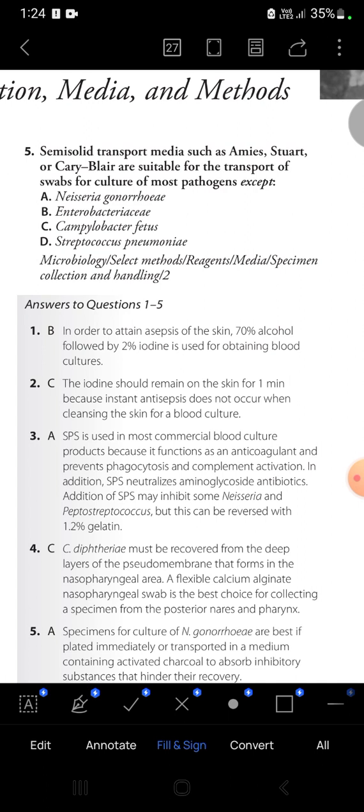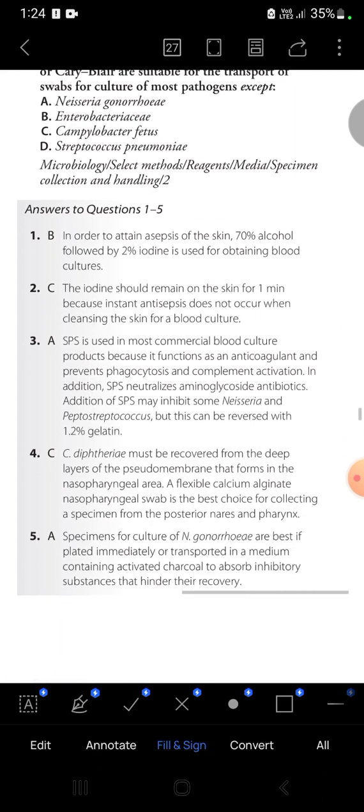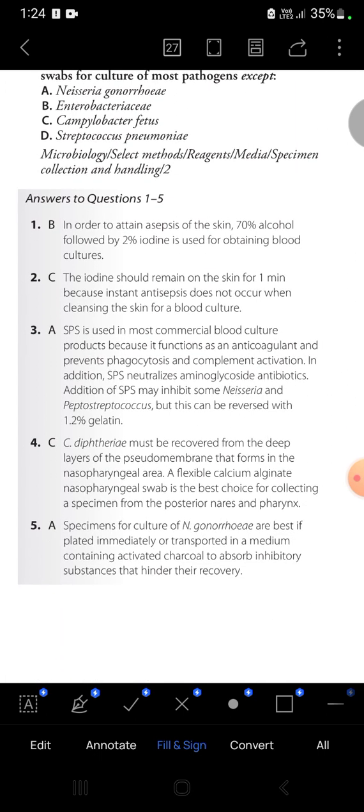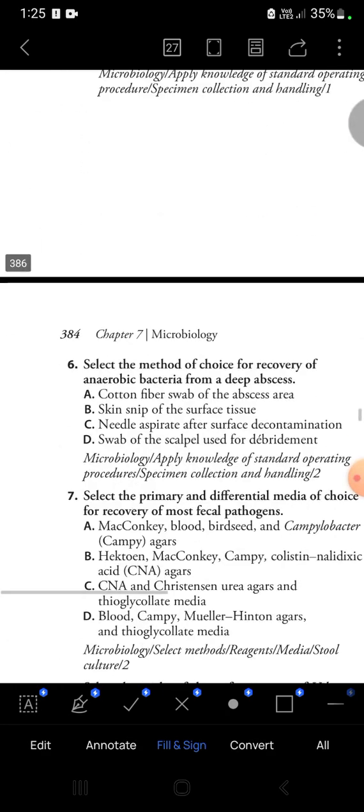Semi-solid transport media such as Amies, Stuart, or Cary-Blair are suitable for the transport of swabs. Specimens for the culture of gonorrhea are best if plated immediately, or transported in medium containing activated charcoal to absorb inhibitory substances that hinder the recovery.